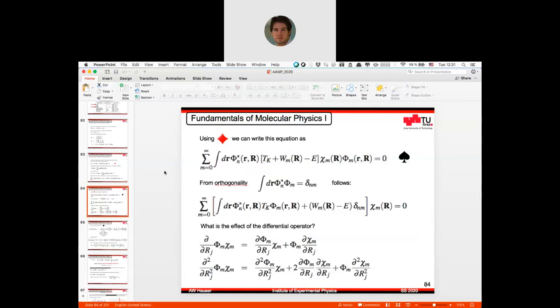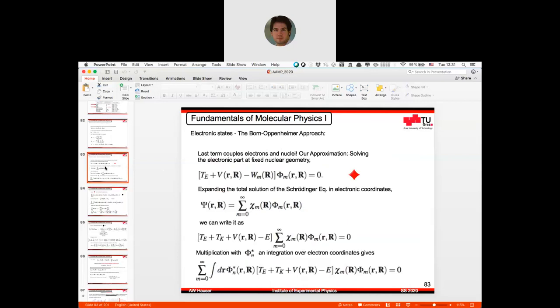I go back one slide just to show you the difference. So here on this slide, you saw we had the kinetic energy of the electrons, kinetic energy of the nuclei, potential expression and the total wave function eigenvalue. And T_e and V, the potential, are now replaced by this eigenvalue here, because we already have solved the Schrödinger equation for the electronic part.